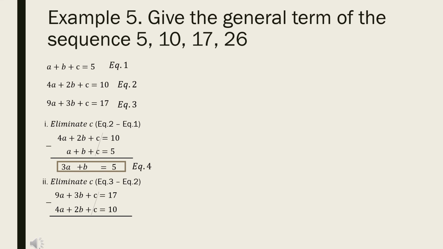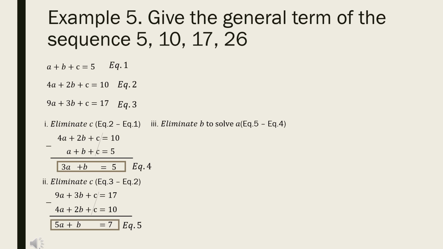Then subtract. We have 9a minus 4a is 5a, 3b minus 2b is 1b or b, and 17 minus 10 is just 7. So our answer would be 5a plus b is equal to 7. Mark it as our equation number 5.